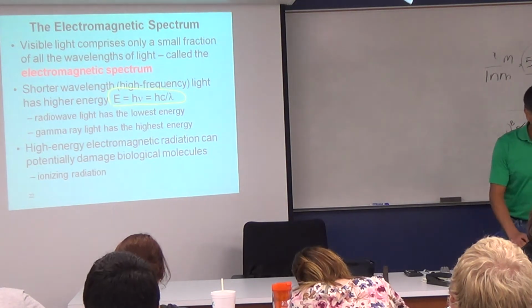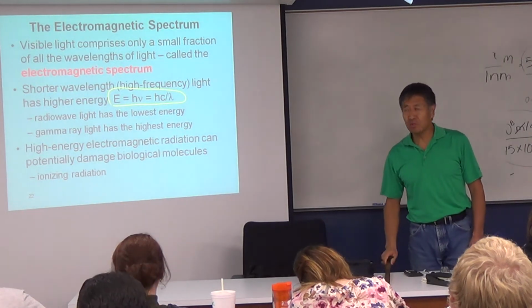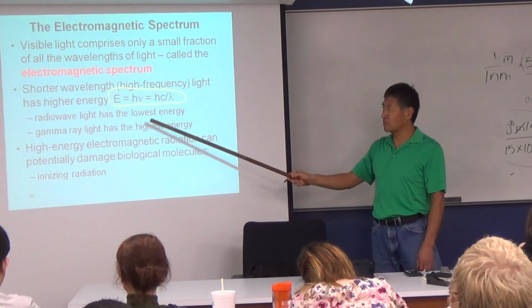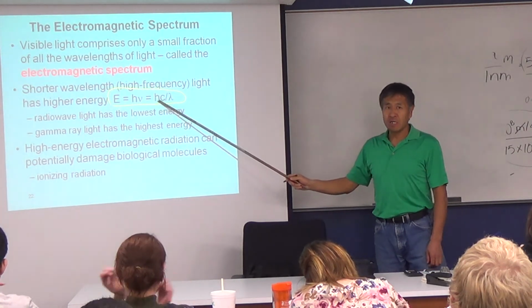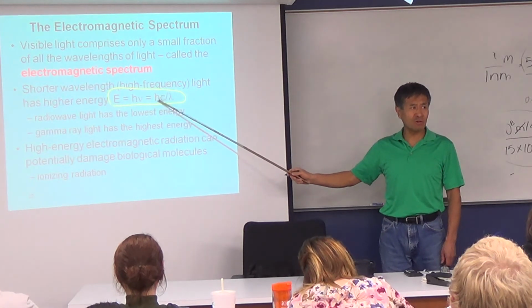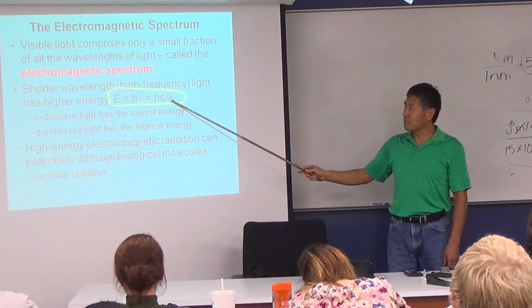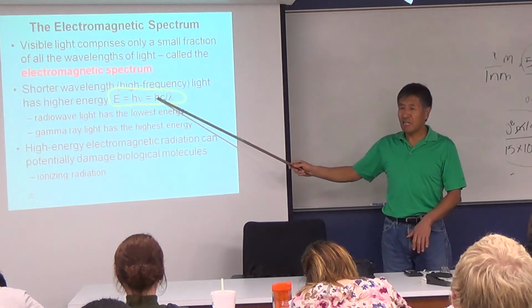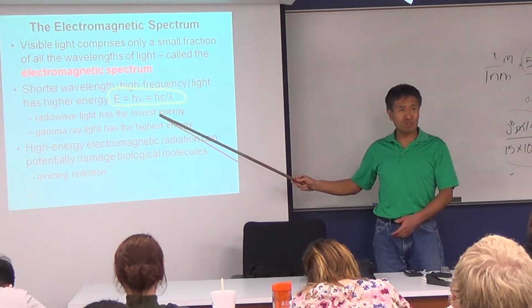If you think about it, use the second equation. You can write them together as this, right? h is positive, c is positive, so it's also positive, and this lambda is in the denominator. So you take some number, divide by the lambda, which is the wavelength.